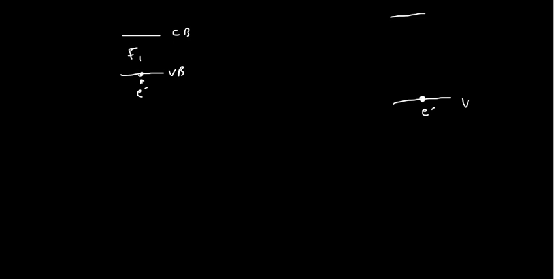This is the valence band and this is the conduction band, and the electron will surely get excited, but it cannot travel this range, and let's name it F2. Now midway between, the electron is here, and this is again the valence band and conduction band, and it can reach close to this point.